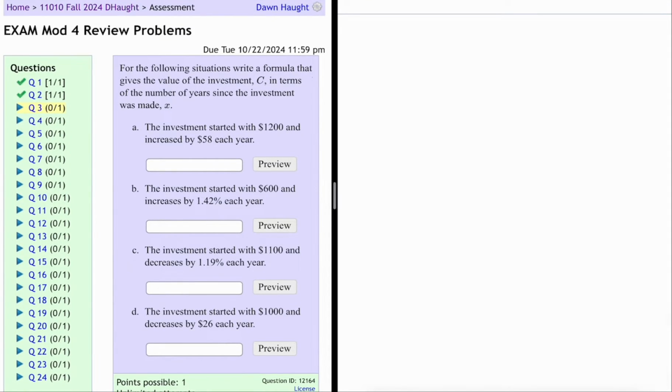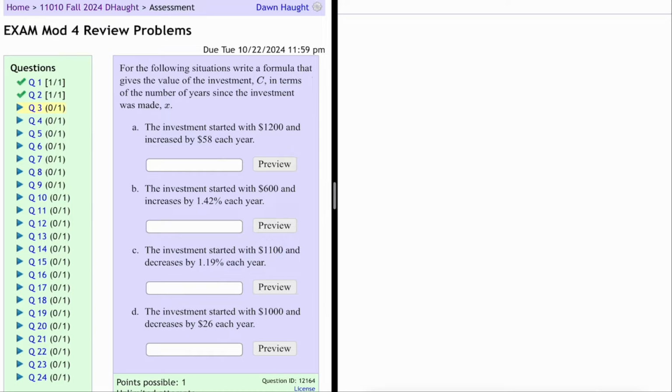Question 3 says for the following situations, write a formula that gives the value of the investment C in terms of the number of years since the investment was made, X. So X is the number of years since I invested. The investment started with $1,200 and increased by $58 each year. Now, that is not a percent increase.